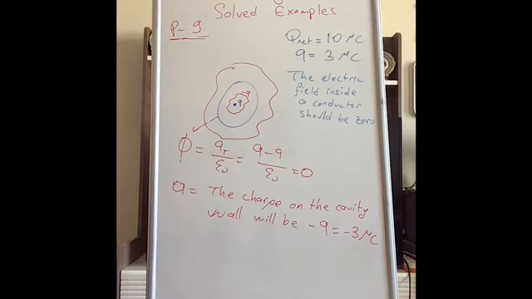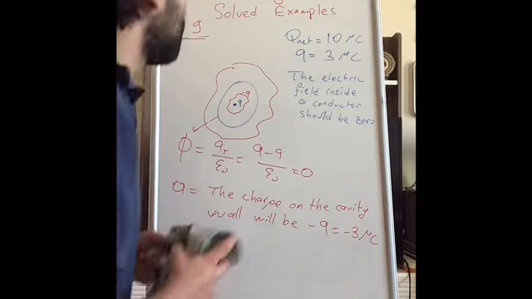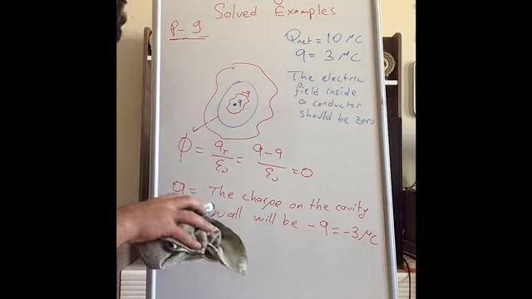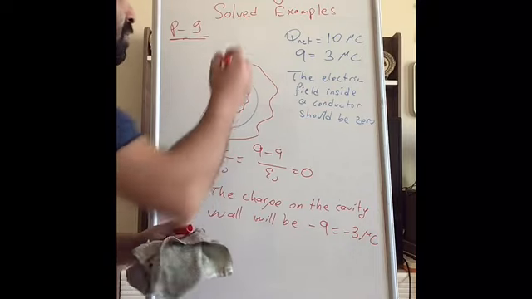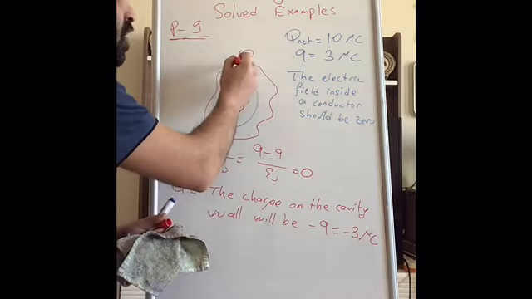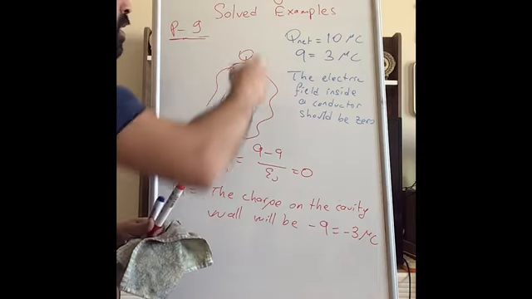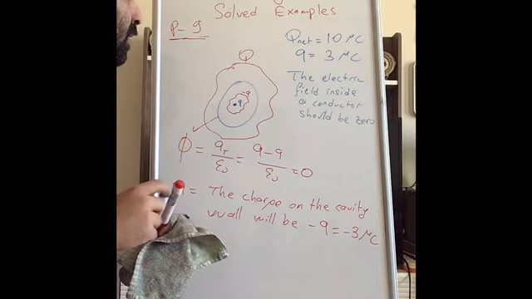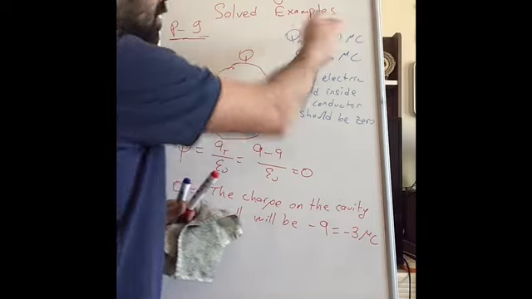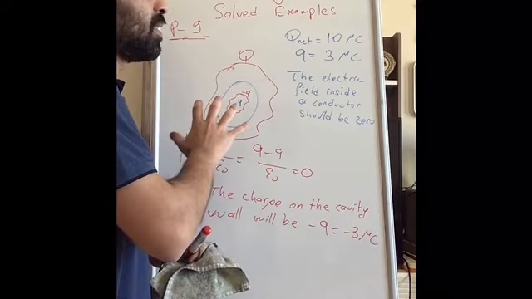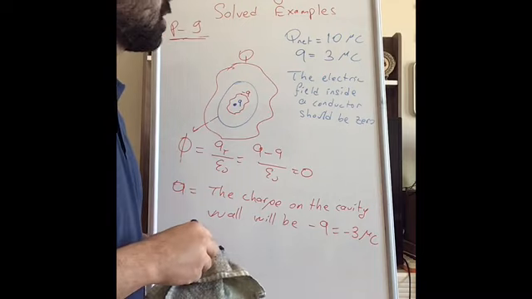Alright, now part B asks what is the charge, let us call it Q, over the outer surface of this conductor. Now Q net is given, the total charge of this conductor is 10 microcoulomb.